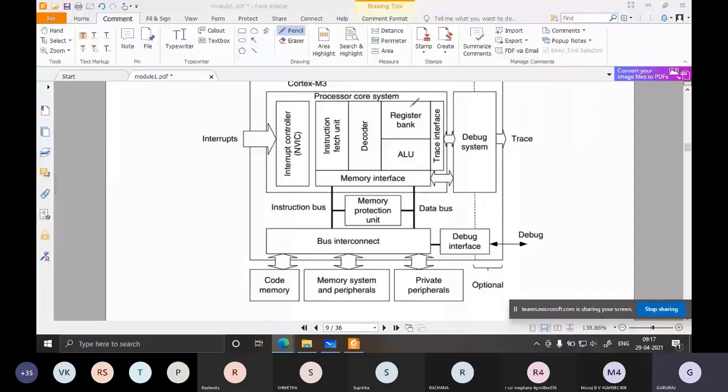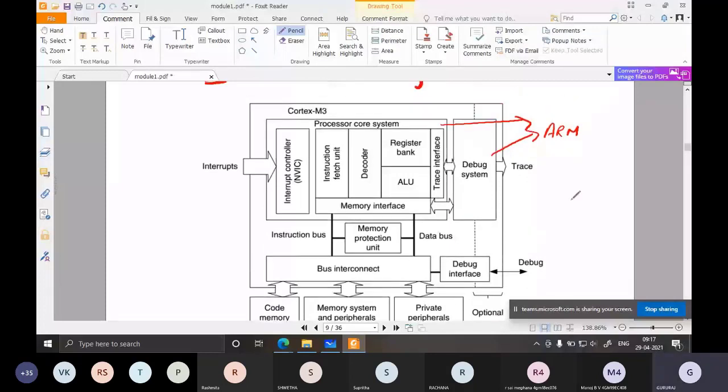What it designs is the processor core, as well as the debug system. So the R&D section of ARM will design these two, the processor core and the debug system. The remaining parts, the data bus, the peripherals, the buses, will be designed by the manufacturers according to their requirement.